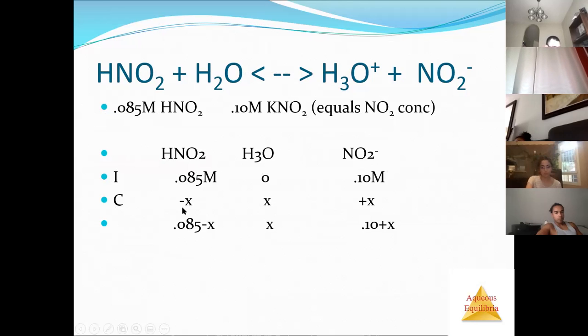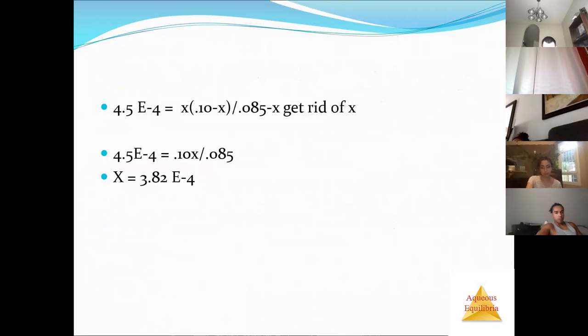I take X away from the nitrous acid, I make X H3O plus, and I add plus X NO2 minus. So I have my equilibrium concentrations. Plug that into my equilibrium equation. I get that my H plus concentration is equal to 3.82 e to the minus fourth.